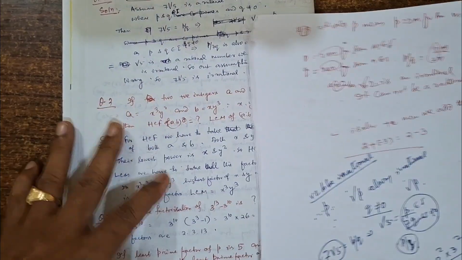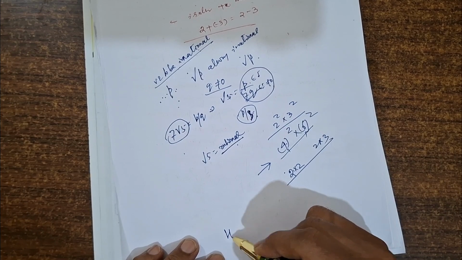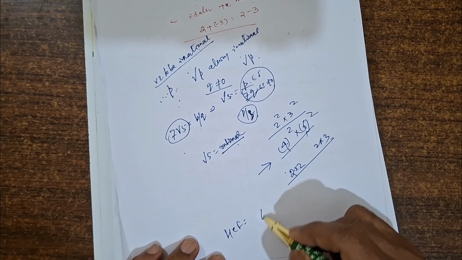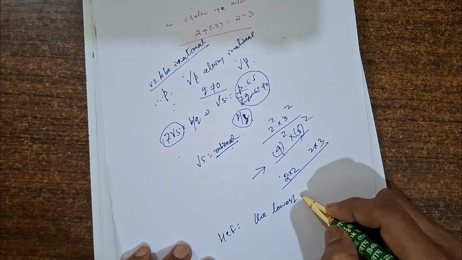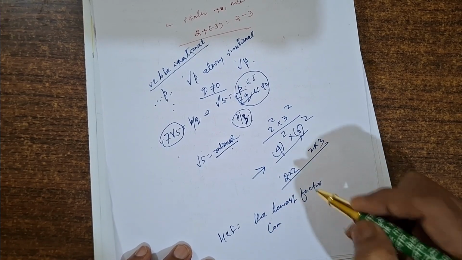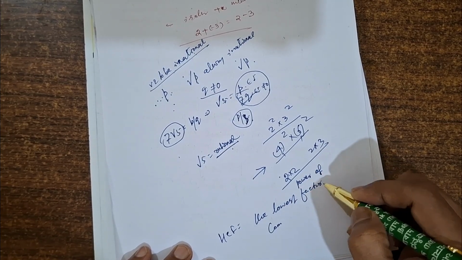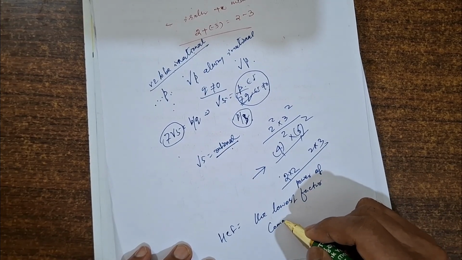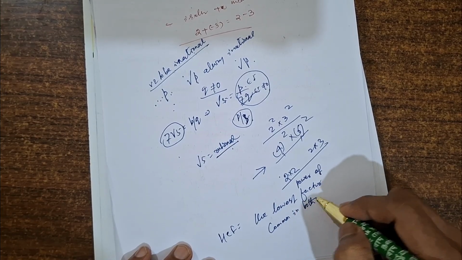Earlier, when reading the theorem, we were told that HCF is equal to the product of the lowest power of the factors common in both.